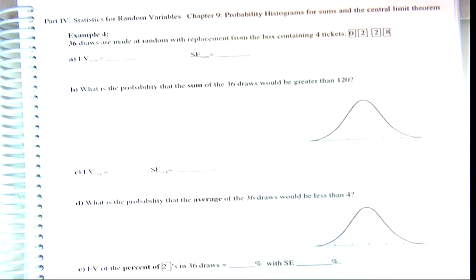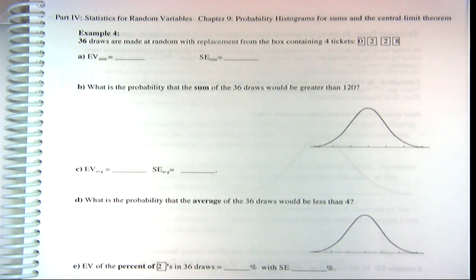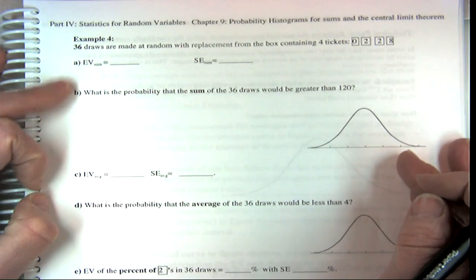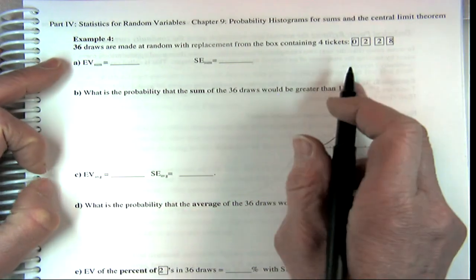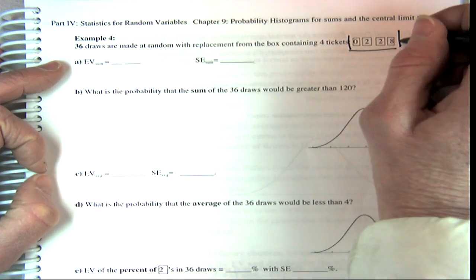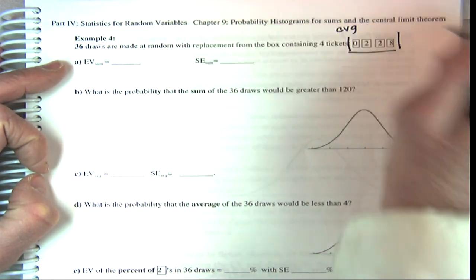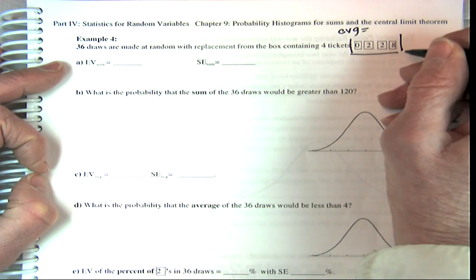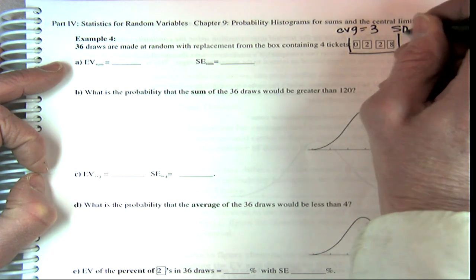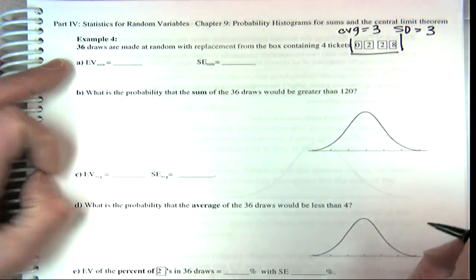This is more of the same. Why don't we just do, we don't have to do all of these. So, okay, 36 draws are made at random with replacement from this box, which has 4 tickets. So you always have to figure out the average and the standard deviation of the box. The average of this box is 12 divided by 4, which is 3. And the standard deviation, I figured out before, is also 3.